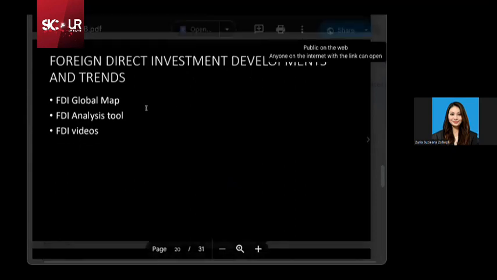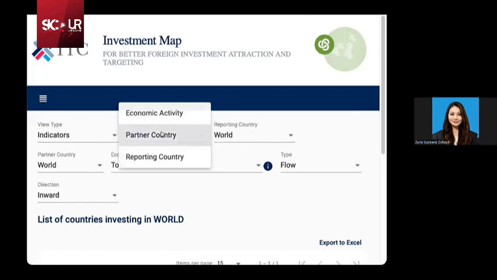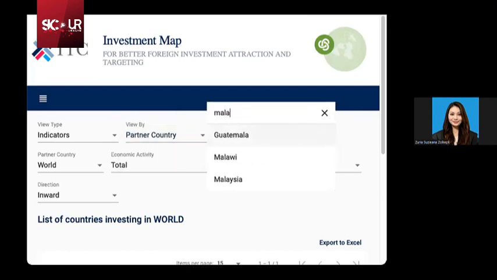Okay, actually I'm here, the global map. We already saw the global map, and this one is the analysis tool. So you can choose the country and then the partner country. Let's take Malaysia for example.